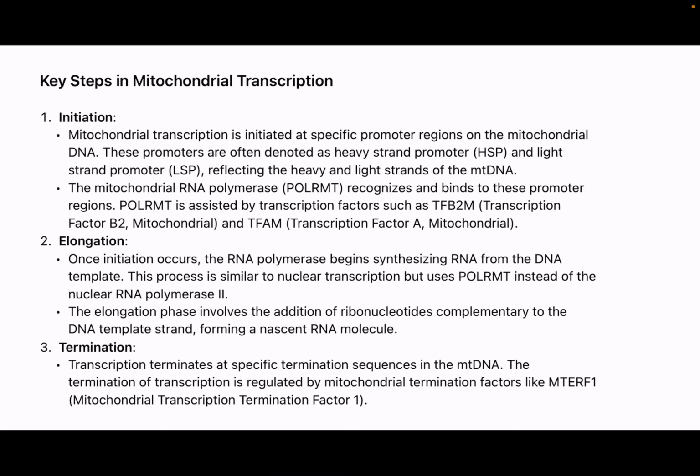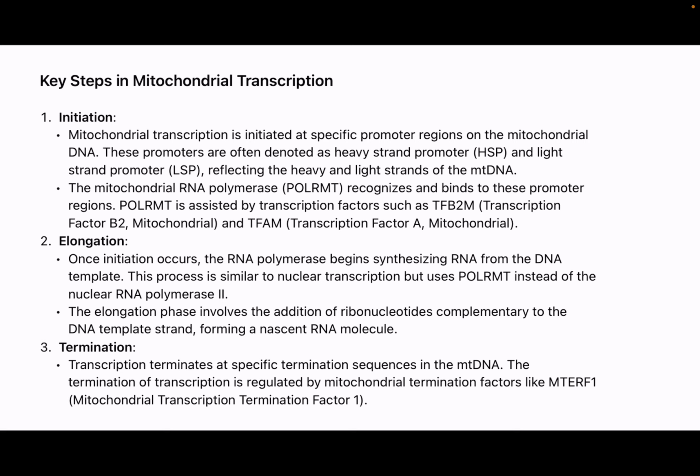The key steps in mitochondrial transcription. So it starts by initiation. Mitochondrial transcription is initiated at specific promoter regions on the mitochondrial DNA. These promoters are often denoted as heavy strand promoters and light strand promoters, reflecting the heavy and light strands of the mitochondrial DNA.